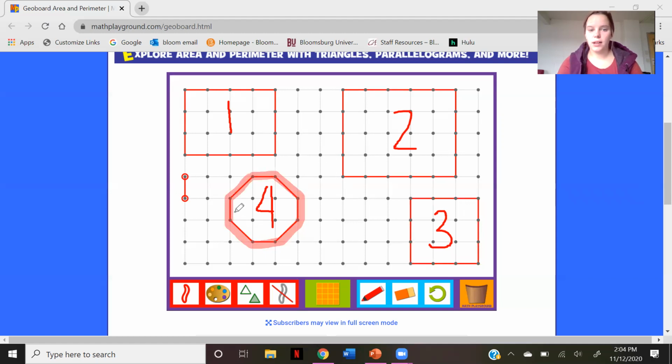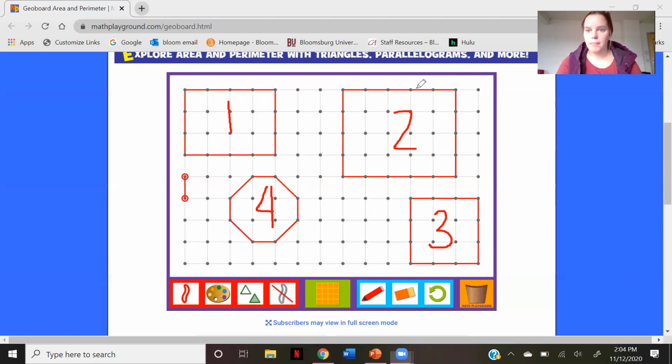Each side length is 1, and there's a total of 8 sides. So the perimeter is 8 units. Does anybody know or remember what kind of shape this is? And I made it red for a reason. It's a stop sign. It's an octagon, correct.